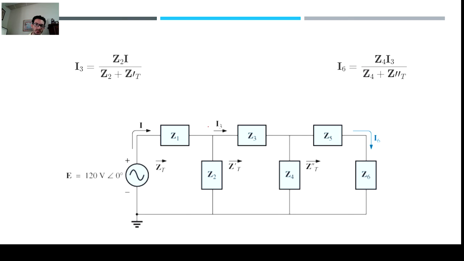So evidently, once you have your current source and you want to know the current through leg 3, or current at node 3, you can do the current divider rule, which is the impedance of the second element times the current, divided by the impedance of the second element and the total impedance of all this network.